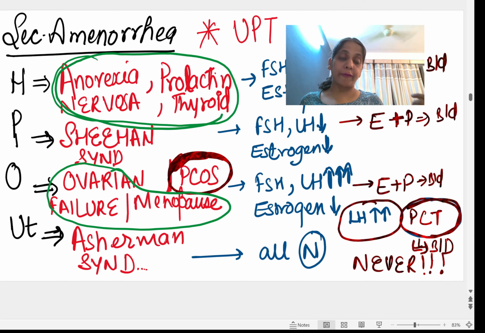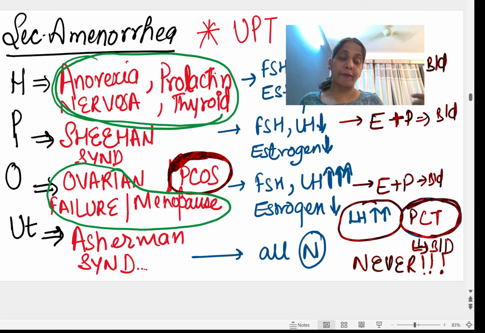So menstrual and hormonal problems will not be there, and the patient will not have dysmenorrhea, because dysmenorrhea occurs if ovulation is occurring, but in this case ovulation does not occur, so there will be no dysmenorrhea.